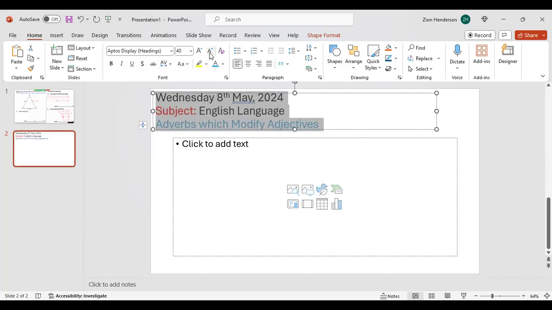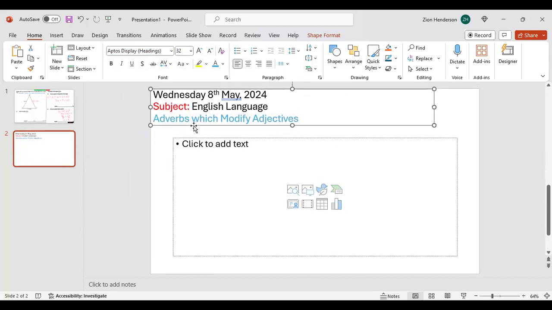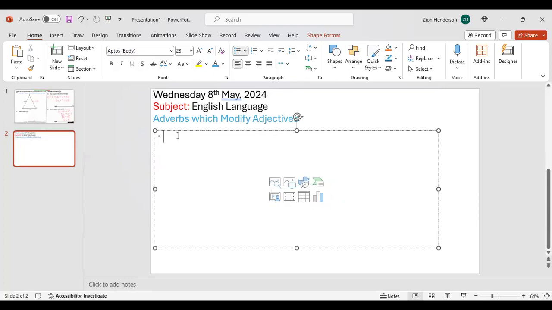Okay, so let's begin. An adverb modifying an adjective answers only one question.